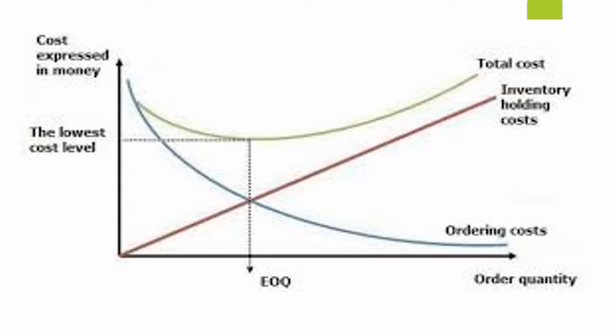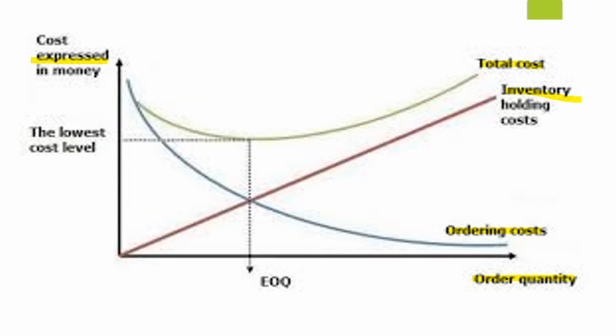If we look at the chart, we see that we have ordering quantity on the horizontal axis, and then we have the money on the vertical axis, and we have three types of curves. Curve 1 is the total cost, the other curve is inventory holding cost, and the third curve is ordering cost.